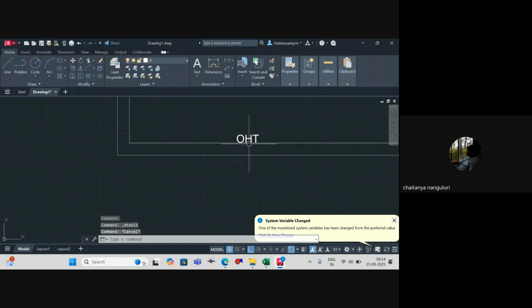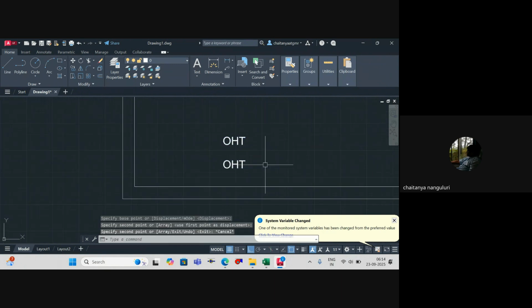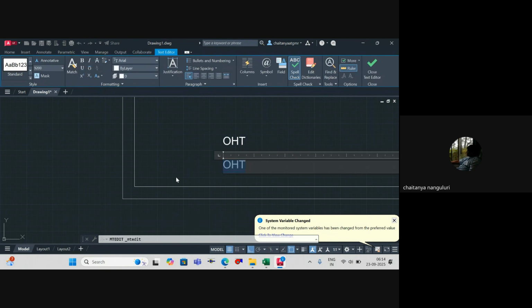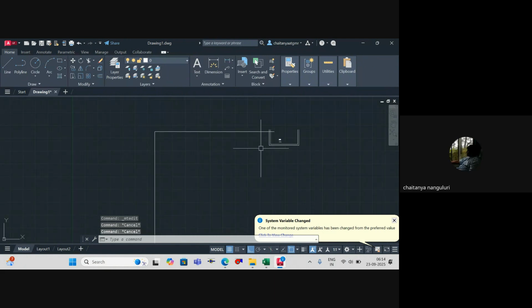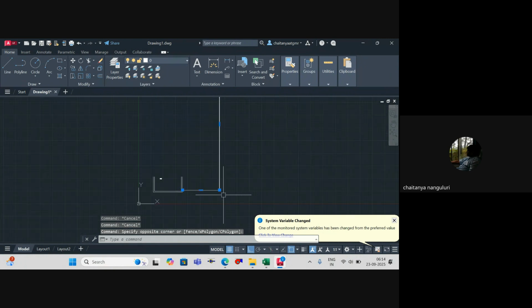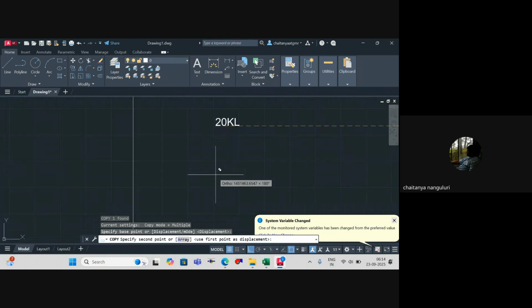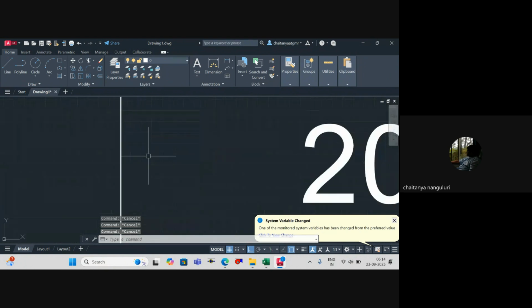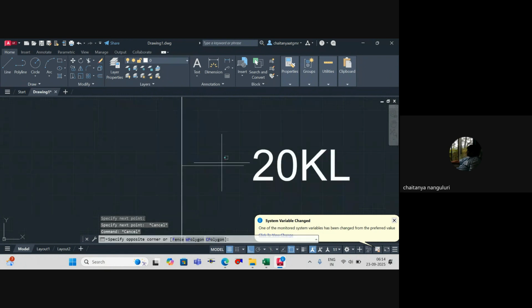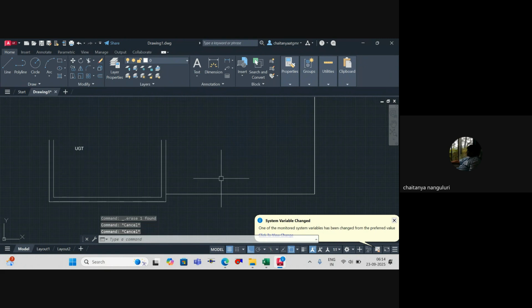Let's take an example: OHT, say for example, 20 KL, 20,000 liters. I have a pipe again, with a certain flow rate. Let's take I have a pump at this location.